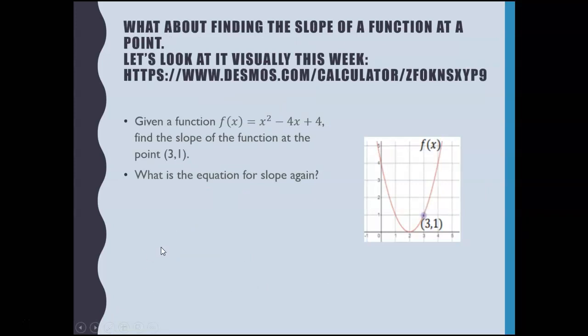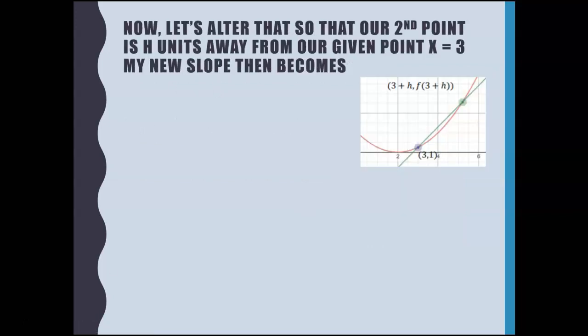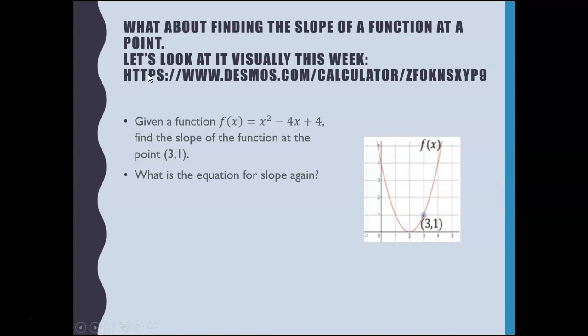Okay. So finding the slope of a function at a point is super helpful to us. So what we're going to do is actually look at a visual representation of this on Desmos.